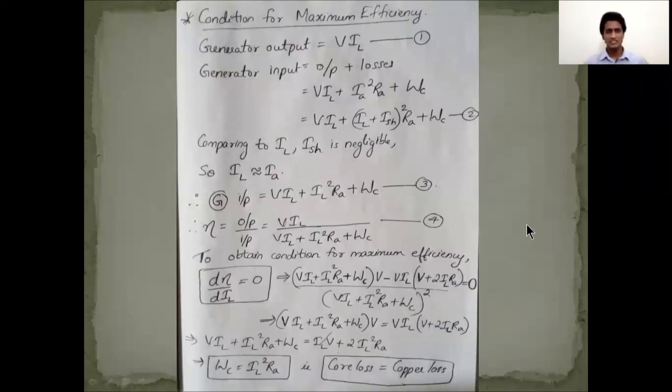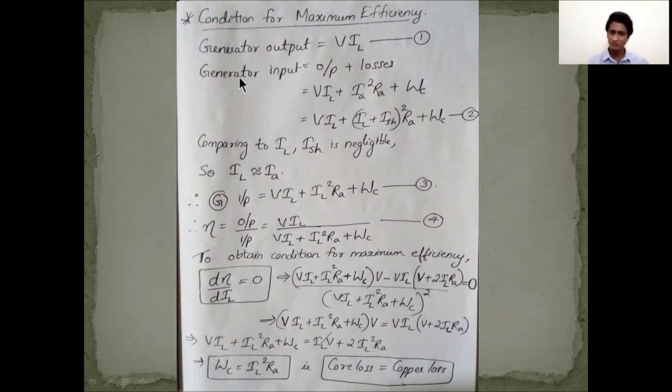Now let us discuss the condition for maximum efficiency in a DC machine. Whether it is a DC generator or DC motor, the condition for maximum efficiency is the same. So to derive the condition for maximum efficiency, let us consider a DC shunt generator. The output of a generator is V into IL, that is terminal voltage into load current.